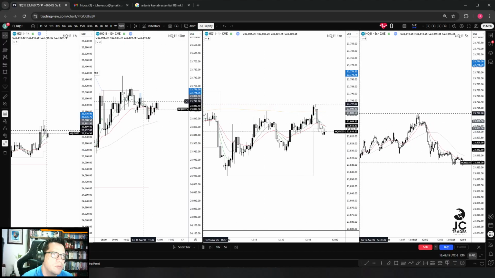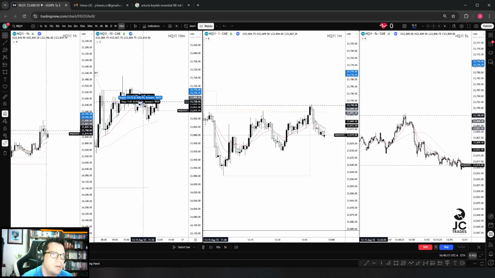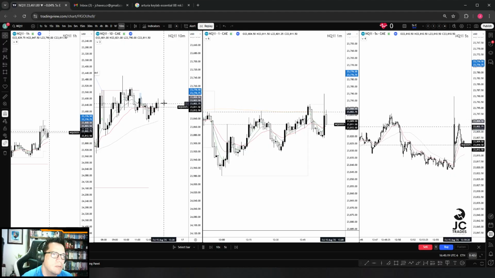So there's just consolidation around all this area here on the context.